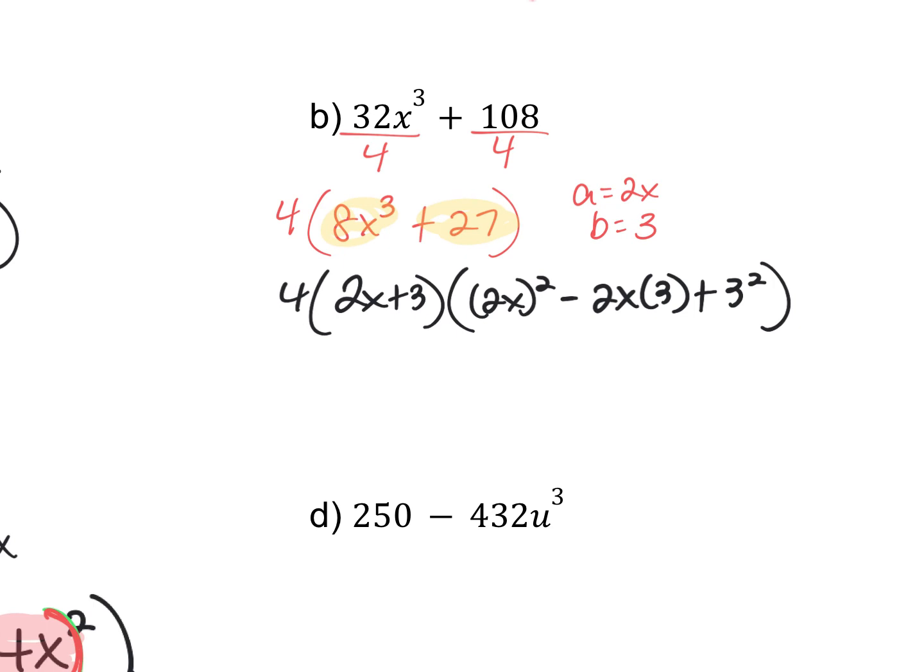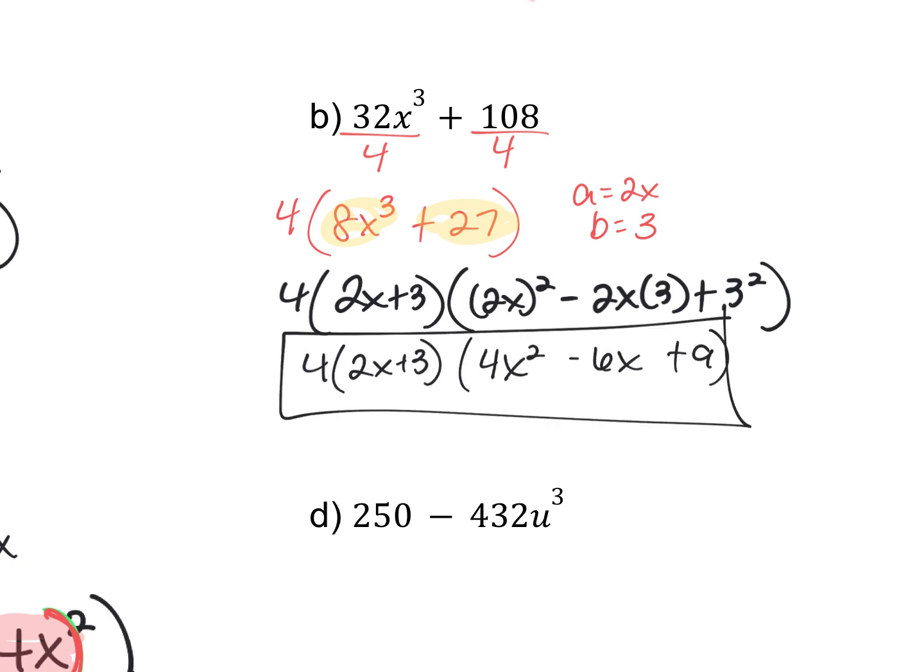Parentheses for days. Let's clean it up. All right, so that 4 is still going to be floating around outside. I'm going to drop all that down because you can't do anything there. 2x squared would give you 4x squared. Negative 2x times 3 would be negative 6x. Plus 9, close your parentheses. I think we are done.